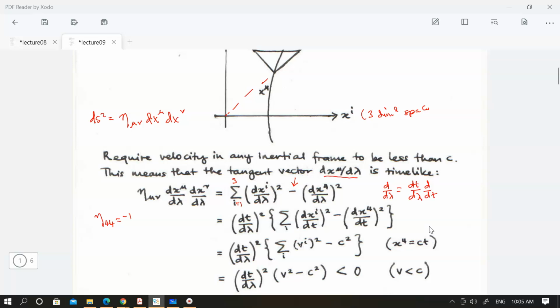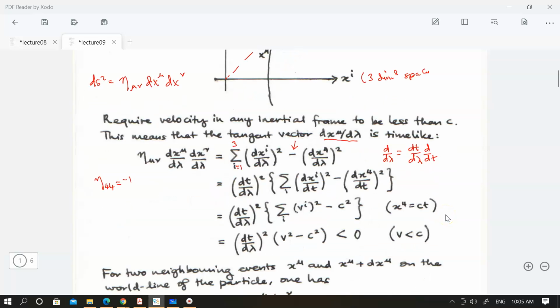So I can bring that common factor out, dt over d lambda squared, and then this one becomes now the derivative with respect to t, which we now know, because this is now a derivative with respect to time. This will be the velocity, v_i squared over here. And x4 is simply ct, and when you differentiate with respect to t, you just get c squared.